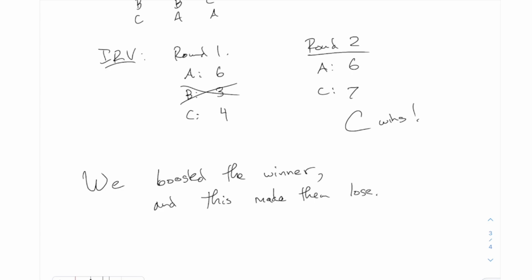From a theoretical point of view, this might cause you to be deeply skeptical of the instant runoff system. If this kind of thing can happen in an election, you should feel like that system is kind of crazy, or there's something very strange about this. It means that, like in this example, C can win the election by convincing people to raise A up. This is very weird.